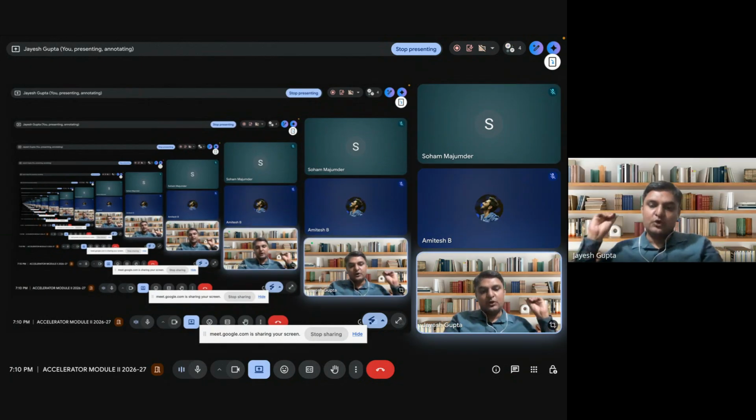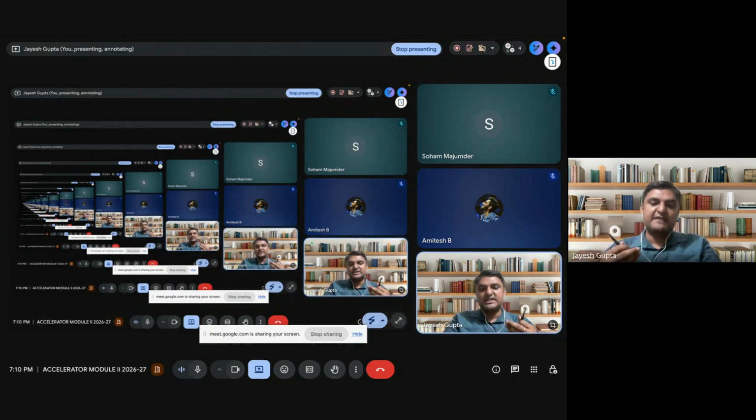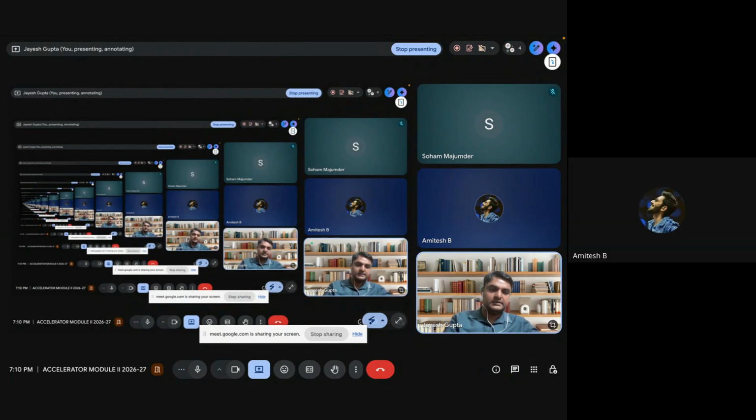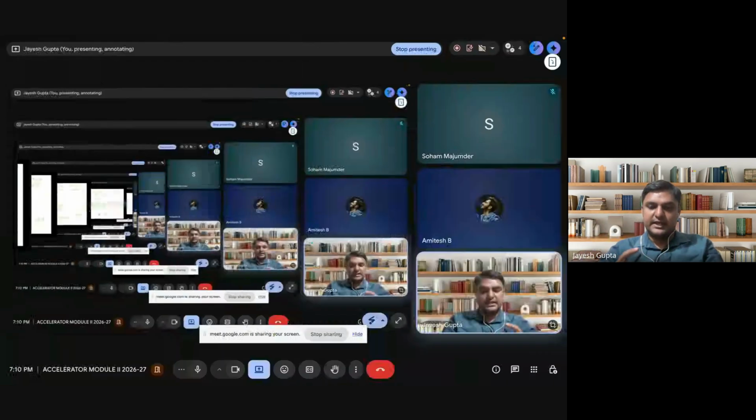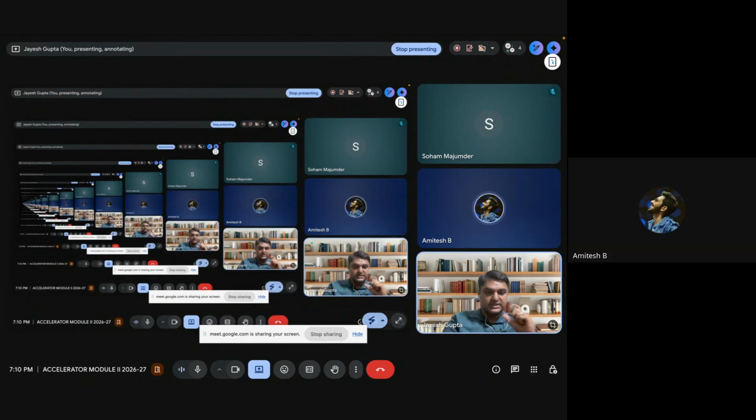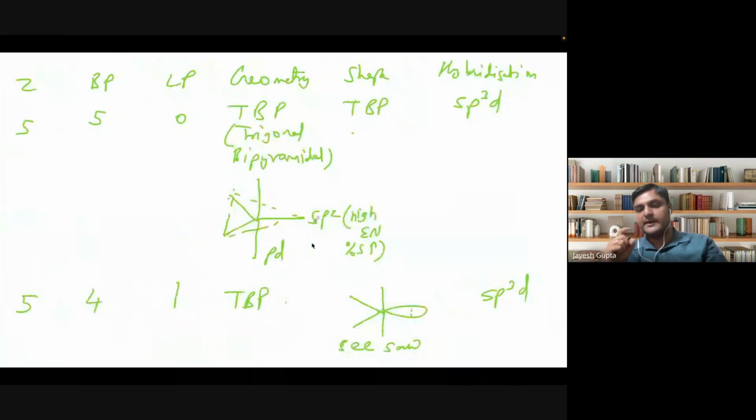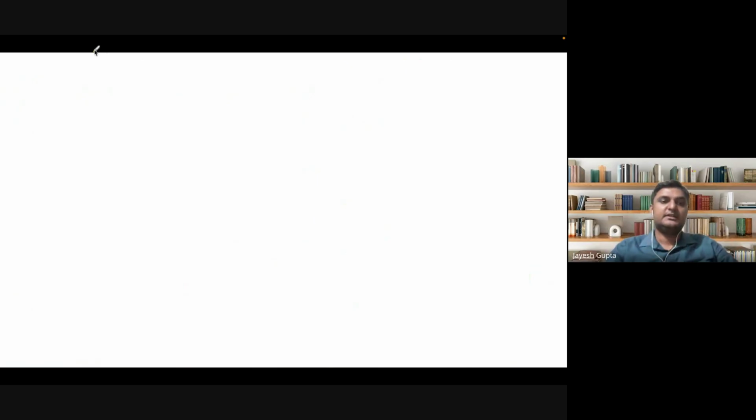Now when we are putting lone pair, lone pairs are electrons, so the atom which has more electronegativity will attract it. That's why lone pair goes in equatorial, not axial. These are the minute concepts that I am telling you. If it is not clear, you will get doubts afterwards, realizing why I have put lone pair in equatorial and not in axial. That's fine. So next case we can take.